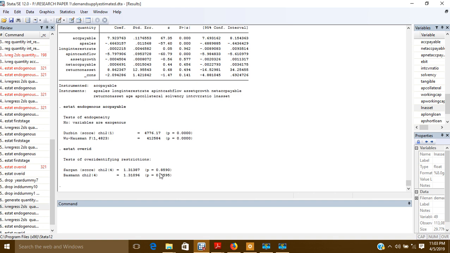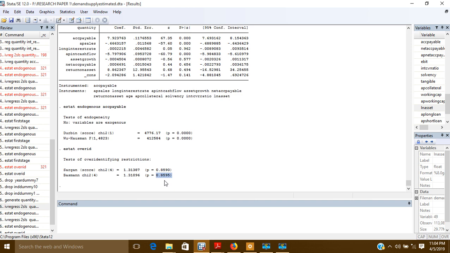Now what is the meaning of these two? If these two p-values are significant, it means that either one or more of our instruments are invalid, or that our structural model is specified incorrectly.